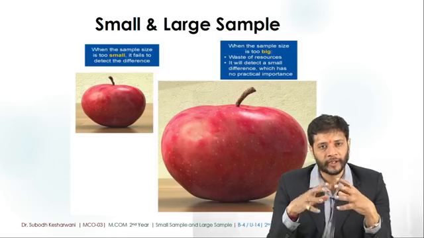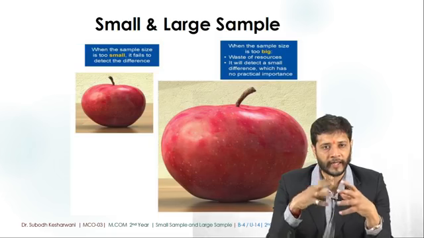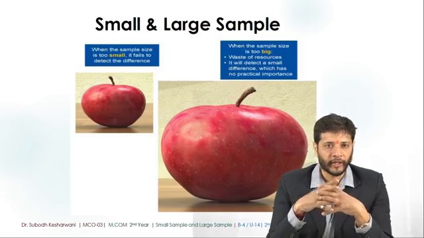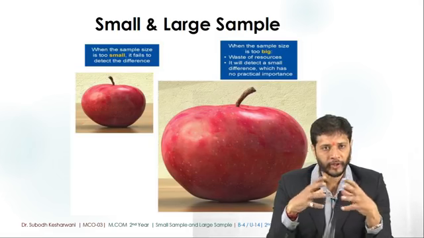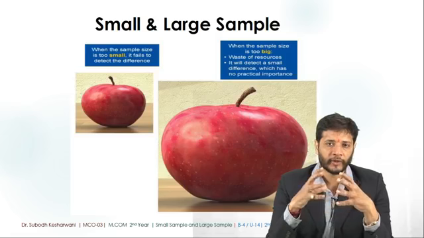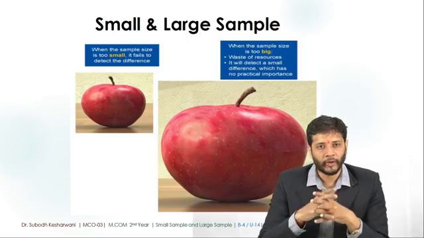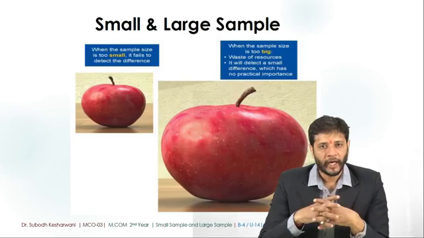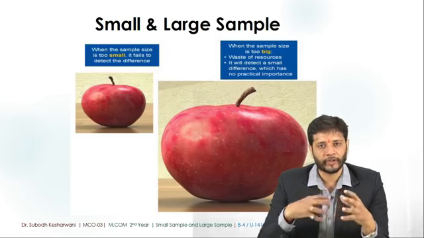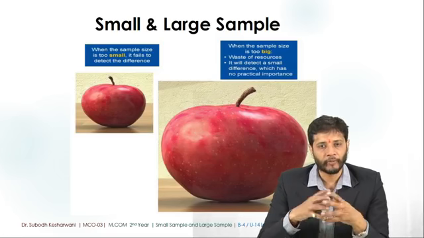But since we are moving to a higher level, now focusing on testing or executing the statistics, choosing the small and large sample is quite important and plays a very important role. When the sample size is too small, it fails to detect the difference, and when the sample size is too big, it is a waste of resources, the cost is involved, and it has no practical importance.